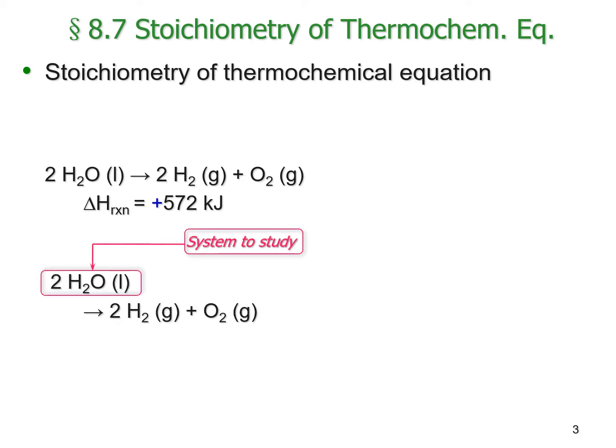Let's think about this reaction. We are about to decompose water. In this sense, water is the system we want to study, and of course, the products become the surroundings maybe.